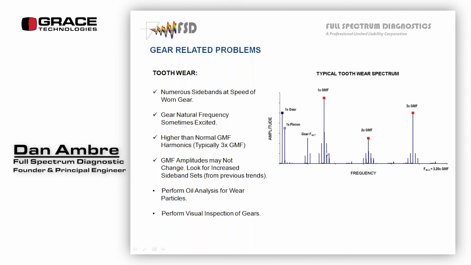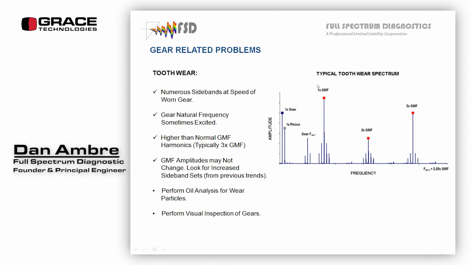It can be looseness in the tooth-to-tooth spacing. It could be looseness in the gear on the shaft, over or undersized keyway, things like that. Okay, so looseness comes in a lot of forms. It'll generate wear, and we'll see it as additional sideband sets.